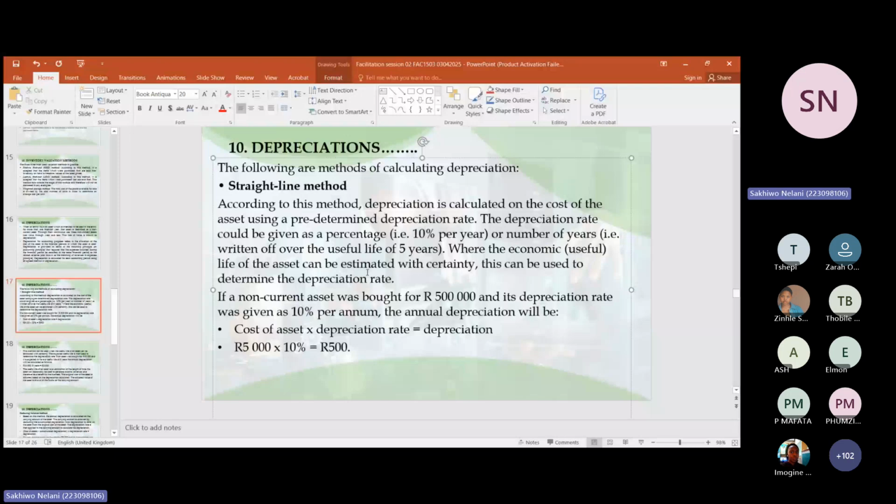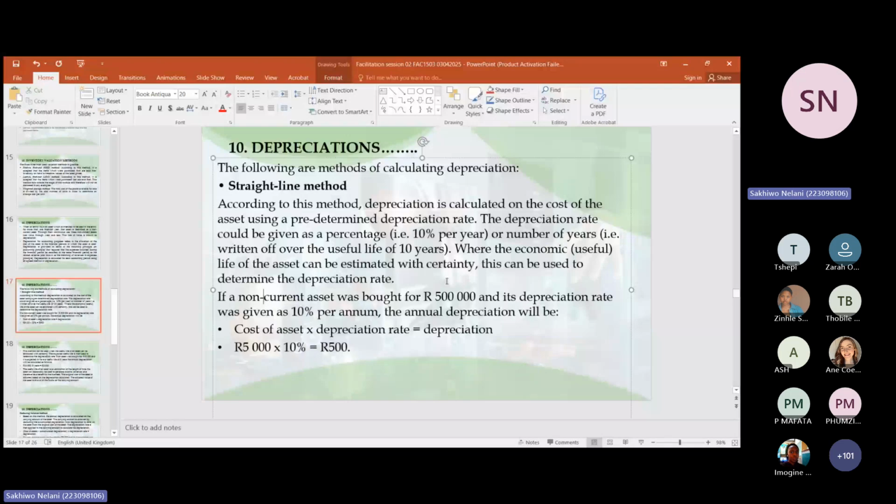Don't worry about this one. It's the one we expected to make a determination. A straight line method, what does it mean? We've got this asset, for example a vehicle.